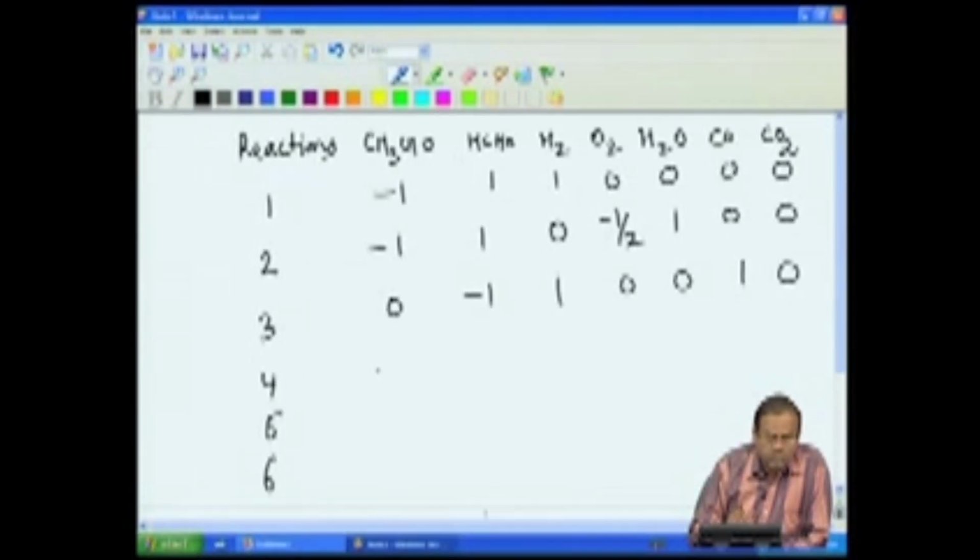That is, all I am doing is looking at one reaction at a time and seeing what the stoichiometric coefficient is, putting a minus sign if it is a reactant and putting a plus sign if it is a product.